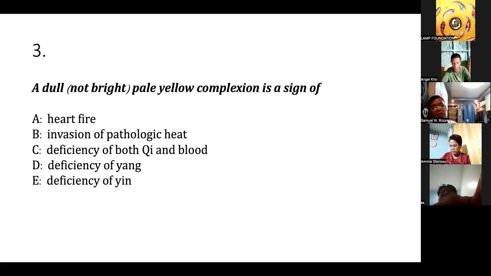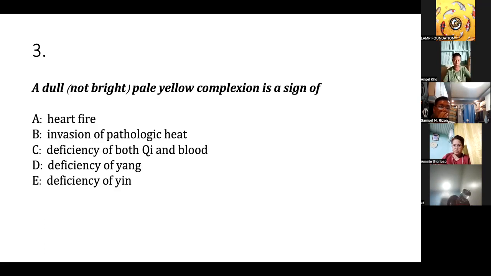Okay, let's review. When you have invasion of pathologic heat, pag sinabi mo kasi pathologic heat, it is something that can cause illness. No, it could be wind heat, it could be damp heat, no? So, invasion, so that's external invasion. Okay, can I call on somebody else?